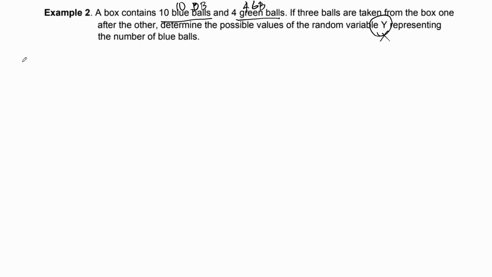So, illustrate natin yung problem, no? You have a box. You have 10 blue balls and 4 green balls, okay? Sabi nga, 3 balls daw ang kinukuha sa box. So, maglagay ka na dito ng 1, 2, and 3. At kumukuha daw sila ng bola one after the other. So, let's say for example, kukuha ka dito, ang unang makuha is blue. Tapos, pwede rin blue ang pangalawa mo, pwede rin blue ang pangatlo mo.